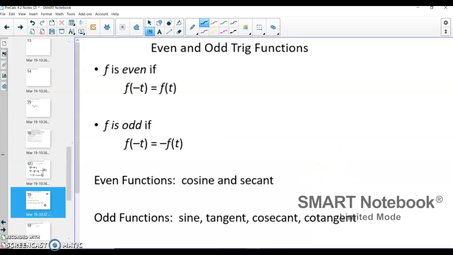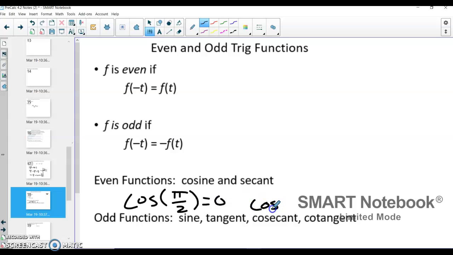Okay? Now, a little bit about even and odd functions. Cosine and secant are even functions; sine, tangent, cosecant, and cotangent are odd. Let's put it on the board, sorry. If I do cos of pi over 2, that gives me 0.